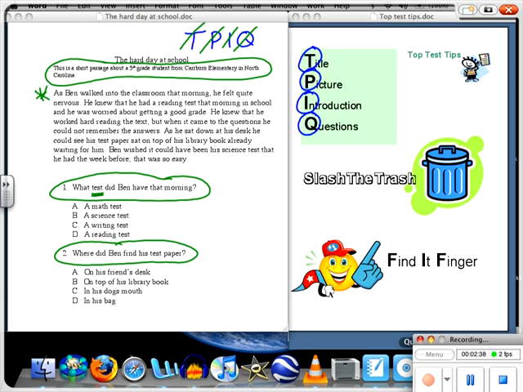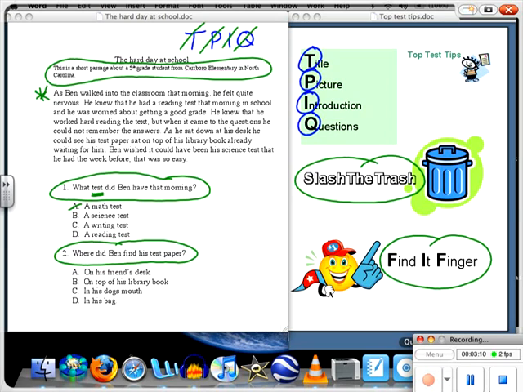Now, the next two parts are slash the trash and the find it finger. Slash the trash is when they've done the TPIQ and read the text, and they come back to the questions. What test did Ben have that morning? When I read the text, I remember nothing about a math test, so I'm going to slash that one. I'm not too sure about the other ones, so let's have a look.